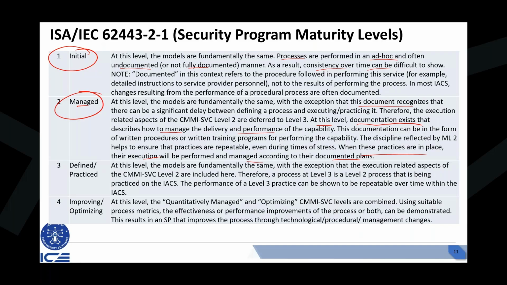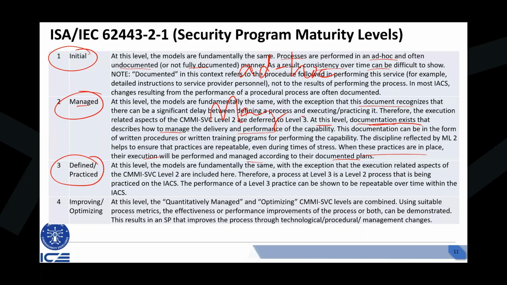At the next level of maturity, you can see the word maturity will start making a little more sense, that you're becoming mature. The cybersecurity practices in your organization are becoming mature. You're doing ad hoc over here at the top. The cybersecurity is not mature. It is managed, which means that you have the documentation, but you don't have repeatable practice, or you don't follow that documentation consistently over time.